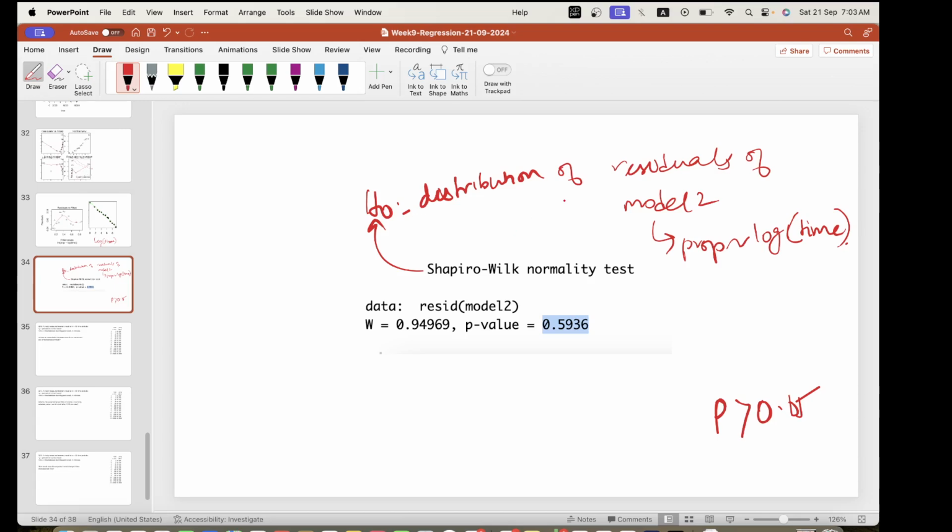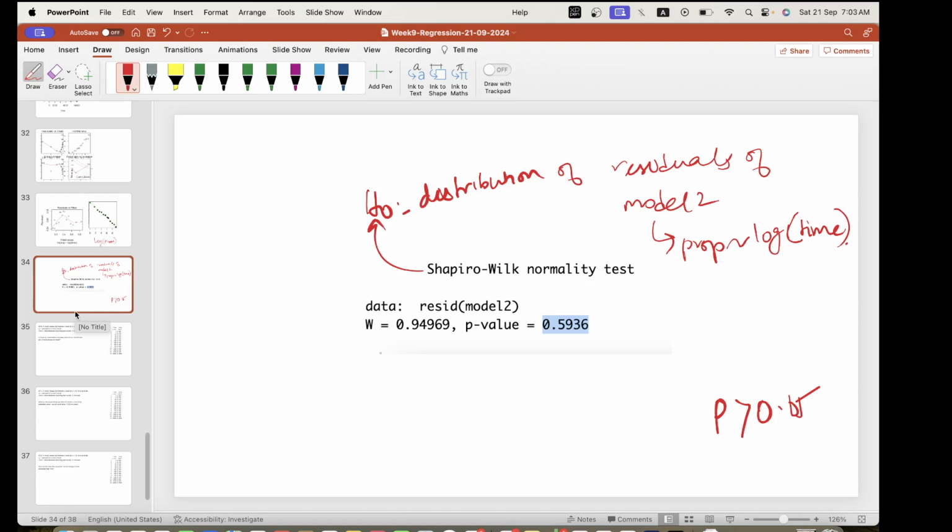Alright, so now since this model is giving us a better fit of the data, what can we do with it? We can see some sort of improvement.